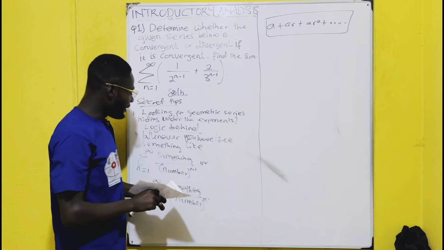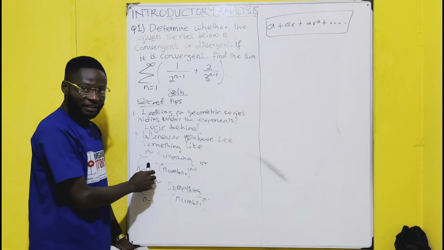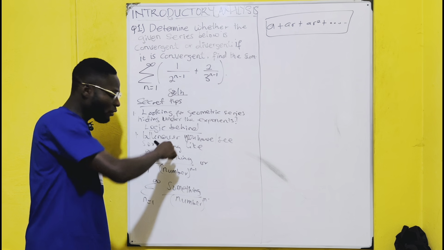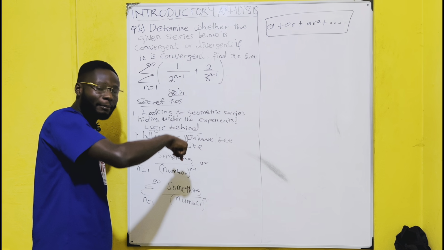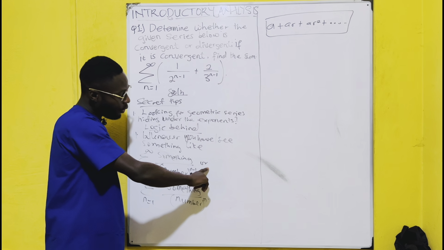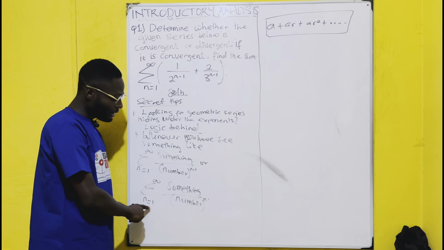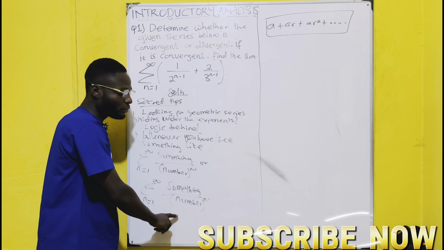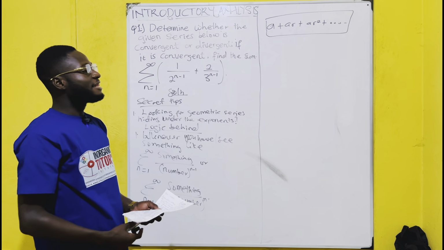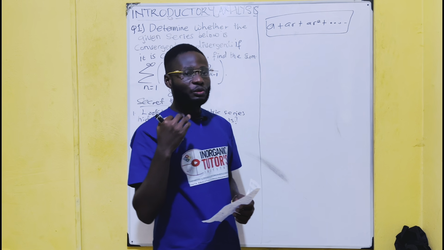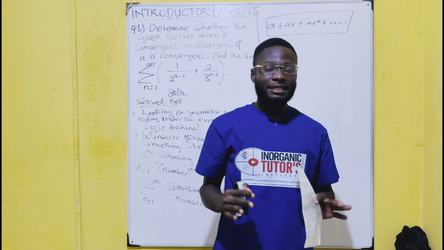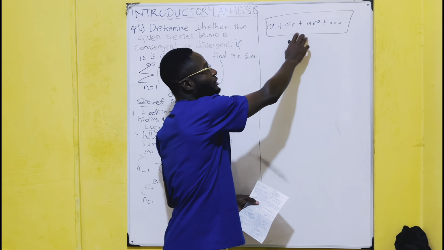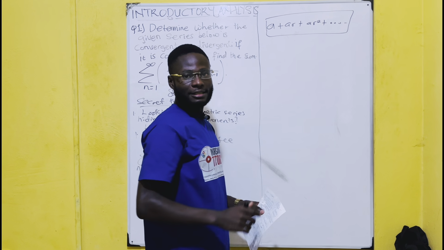If you have a summation from n equals 1 to infinity of something over a number to the power n minus 1, or to the power n, then you have to check if it matches this pattern.